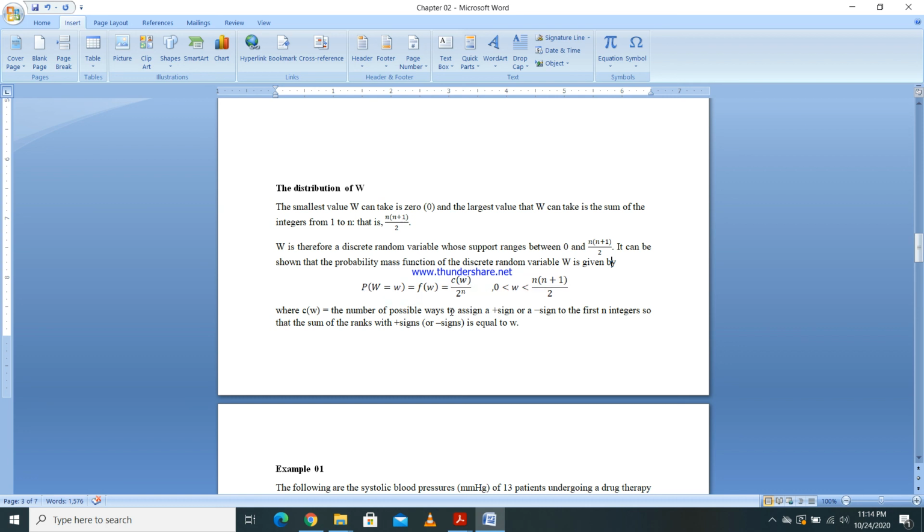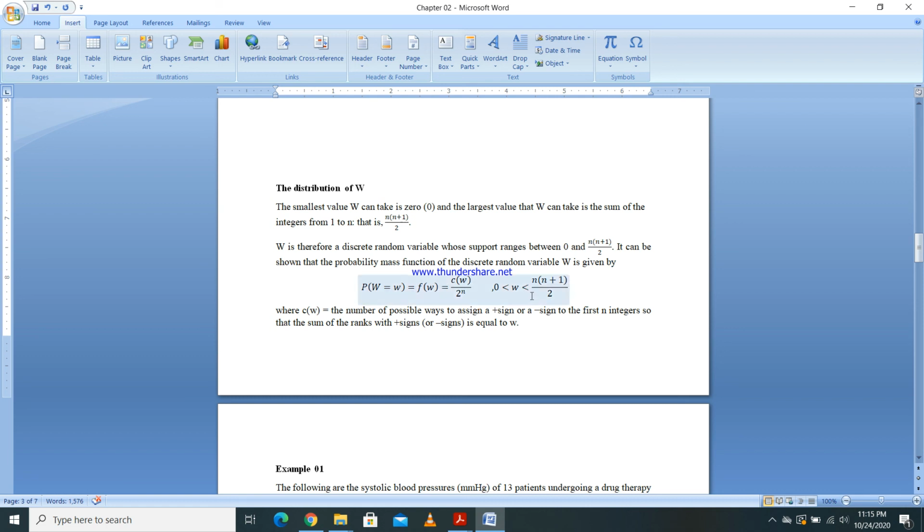CW is the number of possible ways to assign a plus or a negative sign to the first n integers, so that the summation of the ranks with positives or negatives is equal to W. And 2 to power n means, when you have n number of observations, how many combinations you can write with positive or negative signs, for a given data set.